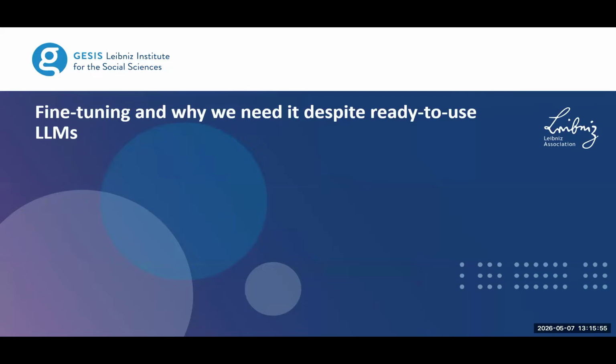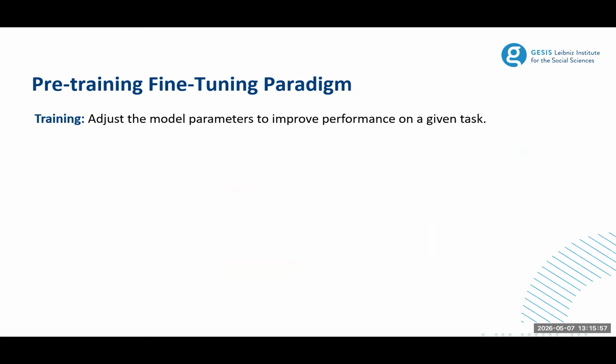As I already briefly mentioned, training means that we adjust the model parameters that you just saw, and there are hundreds, thousands, millions, billions of them in the models, adjusted to improve the performance on a given task.